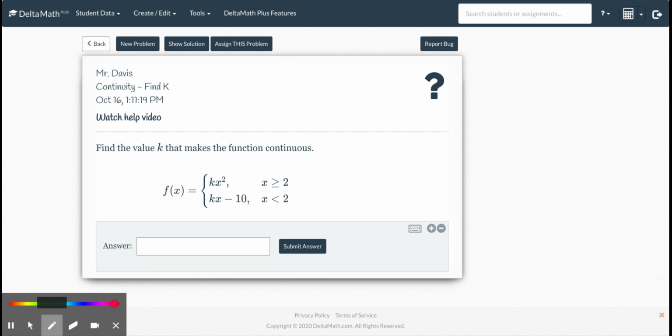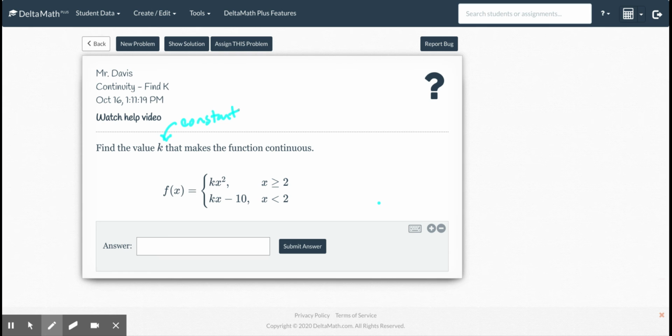These are maybe just slightly too easy, but the concept of these is really good. All right, so we need to find a k value that makes this function continuous. K is just a representative of a constant. Could be c. K is used a lot, I think, because it's a little easier to see than a c. So we need to find the k that would make this continuous.